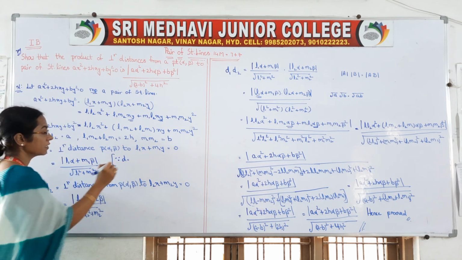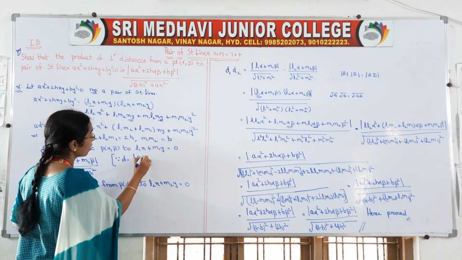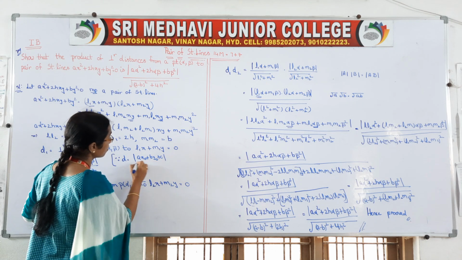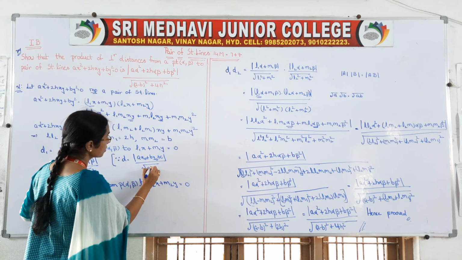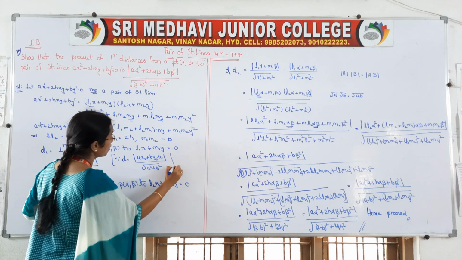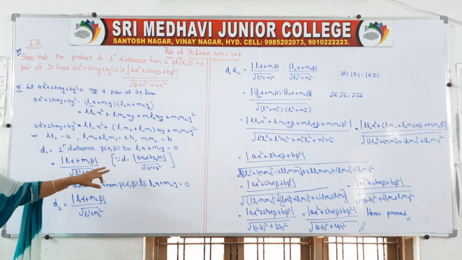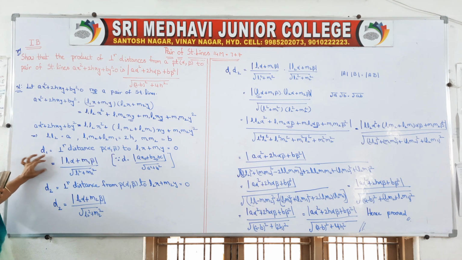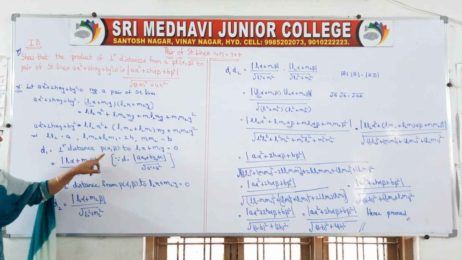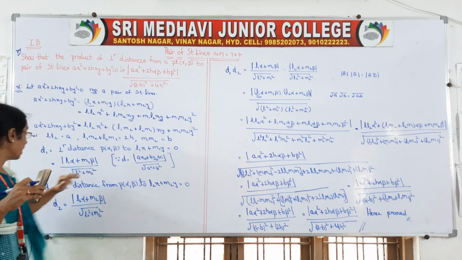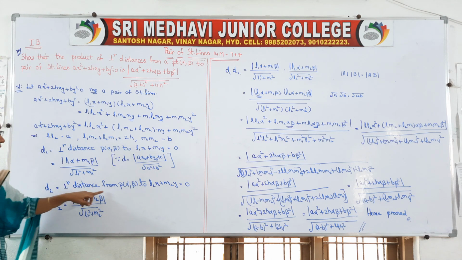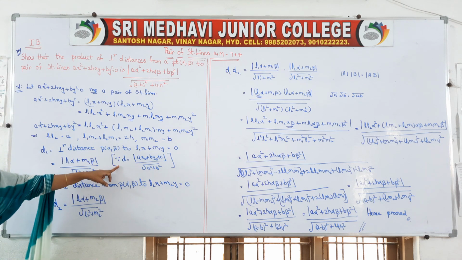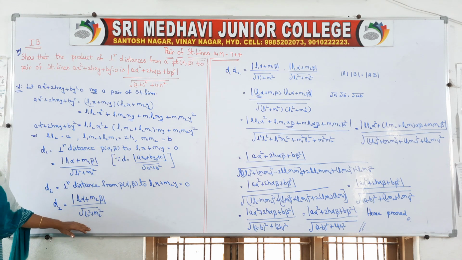The perpendicular distance is equal to modulus of Ax naught plus By naught plus C by root of A square plus B square, from straight lines, right? We applied this perpendicular distance formula. This D1 is the perpendicular distance from the point to the first line and D2 is the perpendicular distance from this point to the second line. By using this formula we got this one.